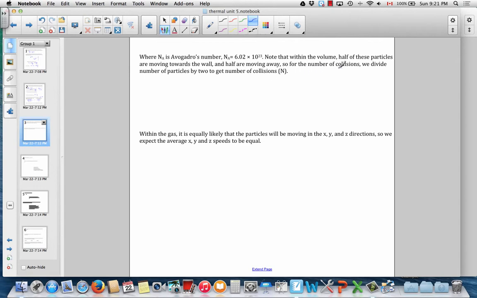So now within that volume, half are moving towards the wall and half are moving away, so we're going to introduce a factor of a half here for the number of collisions. So n is the number of collisions that the particles make, and that's going to be half of the particles in the volume.